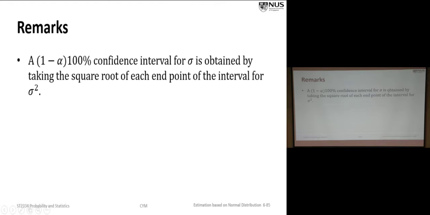So that is the confidence interval for sigma square. Now, let's say we have W_L and W_U.